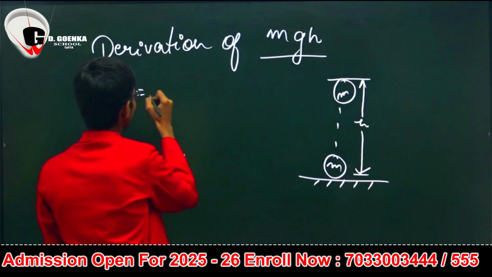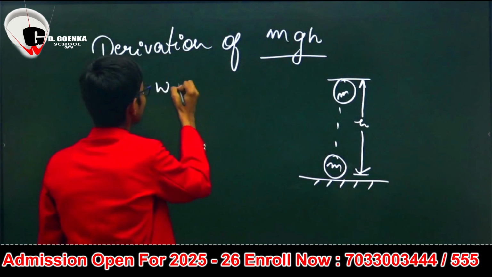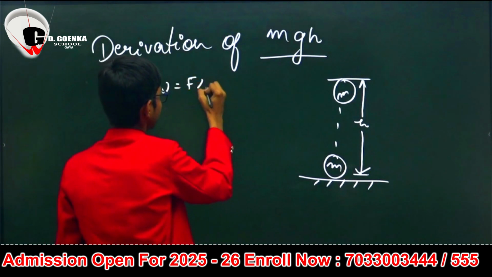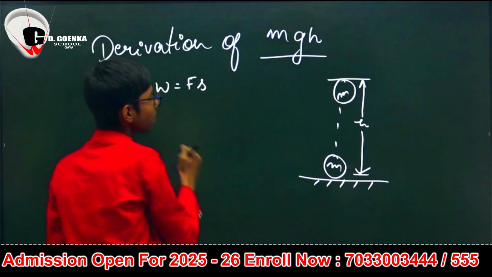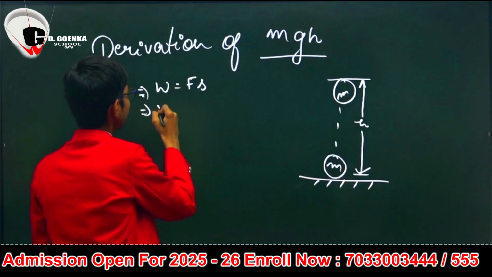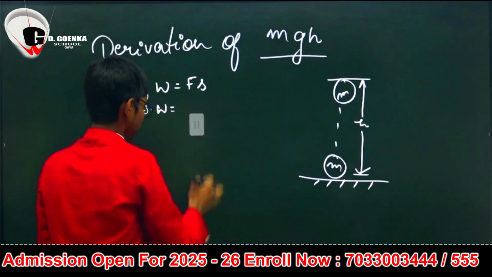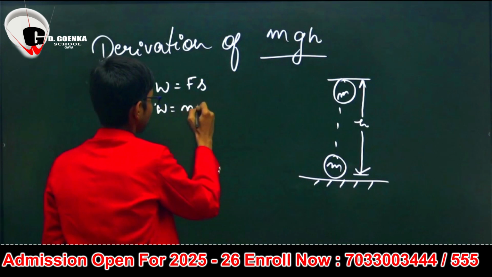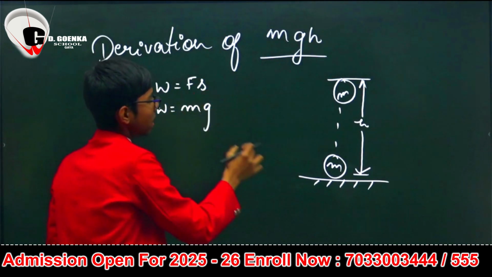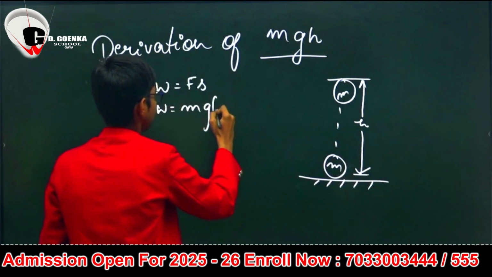So we know that work done, because again we have to find the energy, so energy is equal to work done. So work done is equal to Fs. So here the ball is coming down, so acceleration due to gravity should be there. So we know that F we can write as mg, and here S, what distance is it covering? It is covering h distance, so we will write h.